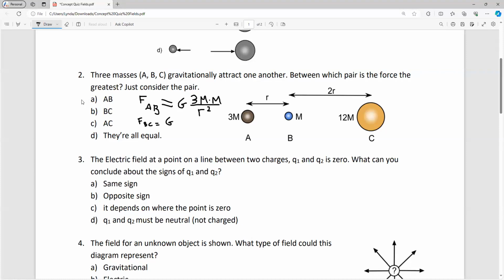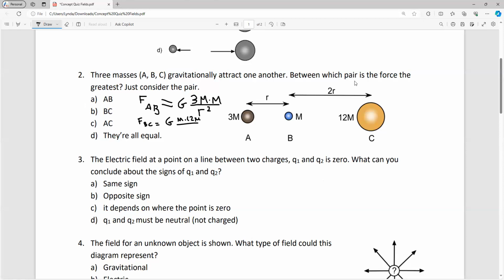Okay, so what should we write in the numerator? So between BC, the mass of B is m. The mass of C is how big? 12m.